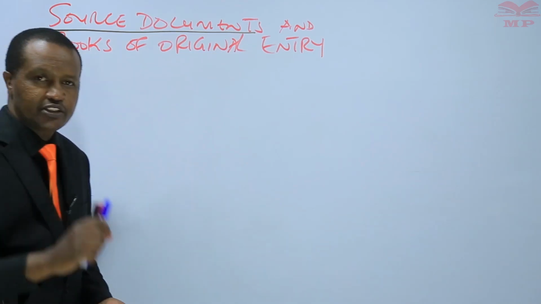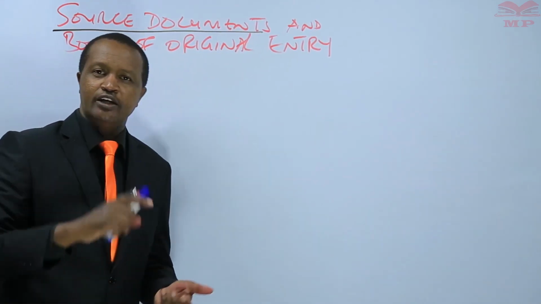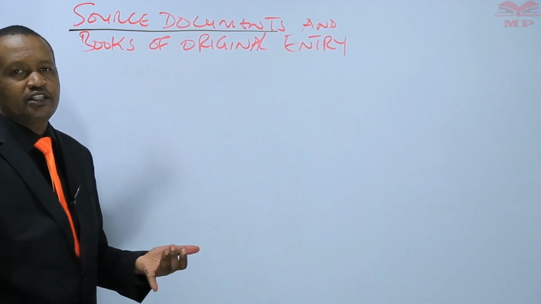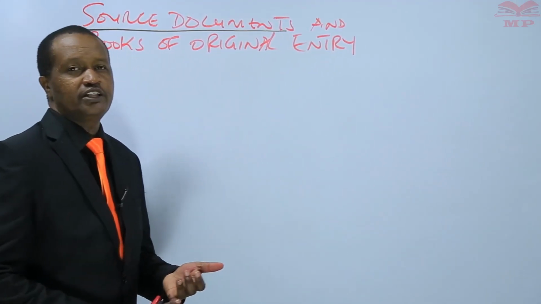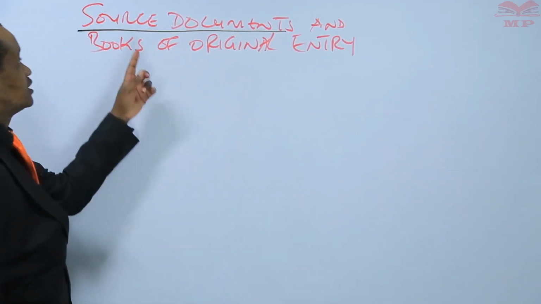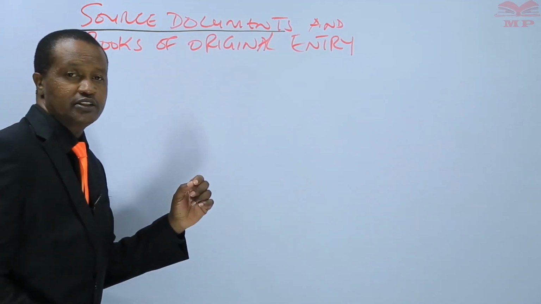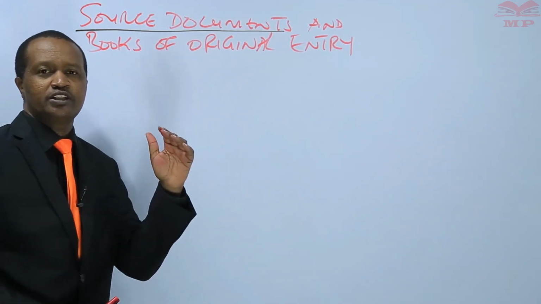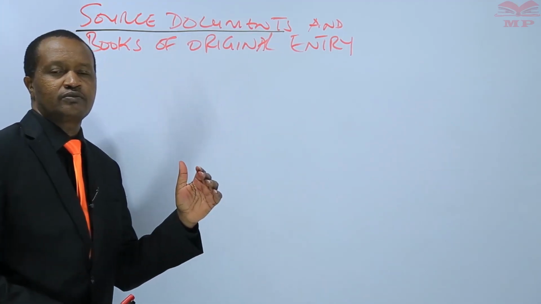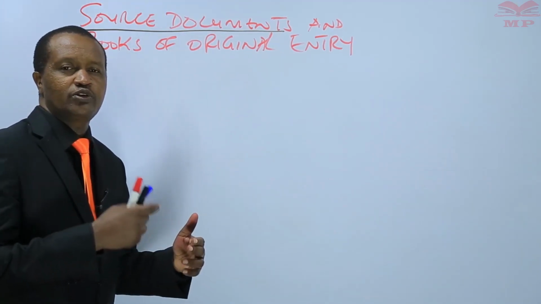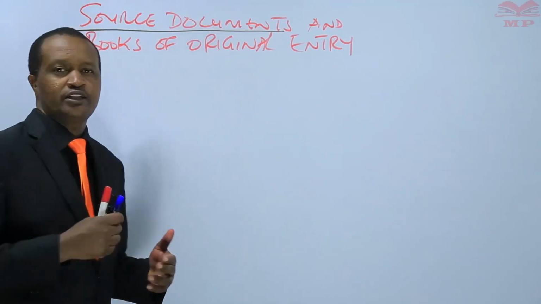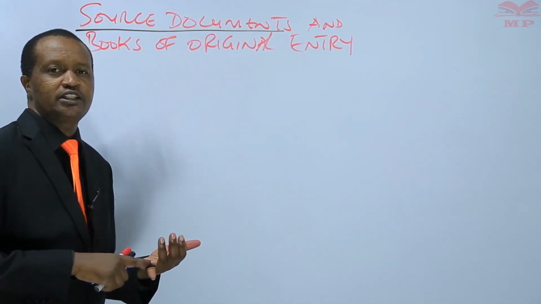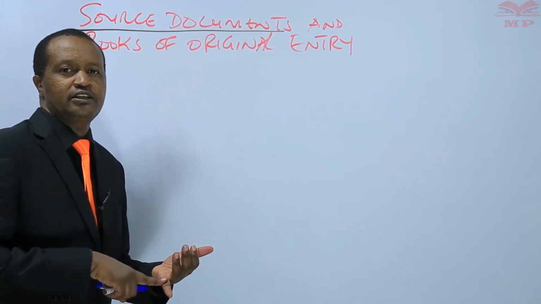For every business transaction, there has to be evidence. This documentary evidence is what we refer to as source documents. For example, if the business buys goods, then there has to be evidence of such a transaction. And the evidence in that case is a receipt.